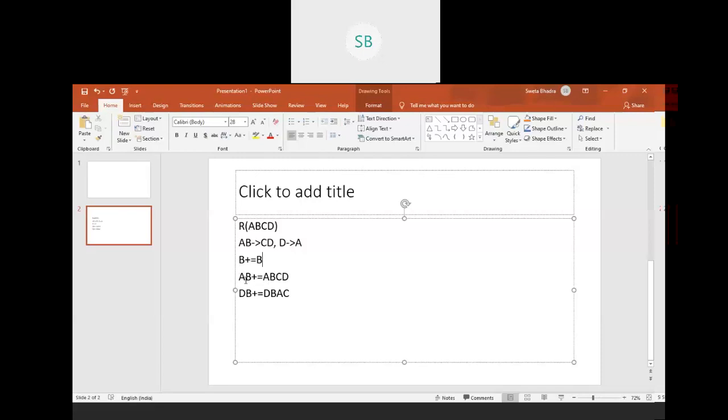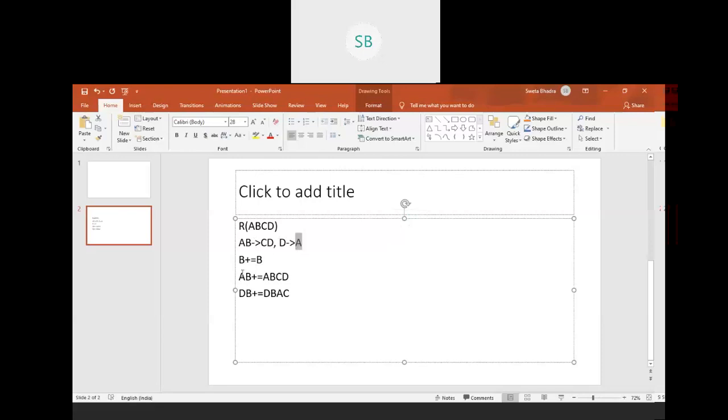So we take this attribute A and find whether A is present anywhere in the functional dependencies on the right hand side. We find that yes, it is present, and A is determined by D. So we replace that A by D. Obviously B will be present because it is not present on the right hand side, as I told you in the earlier case.